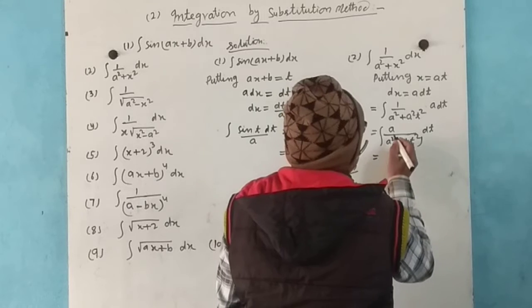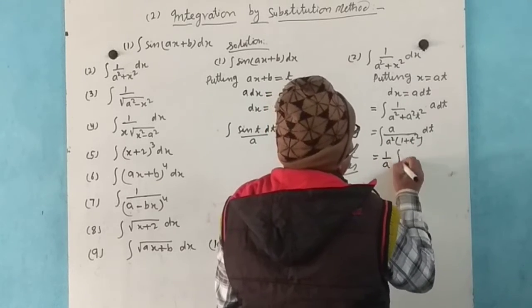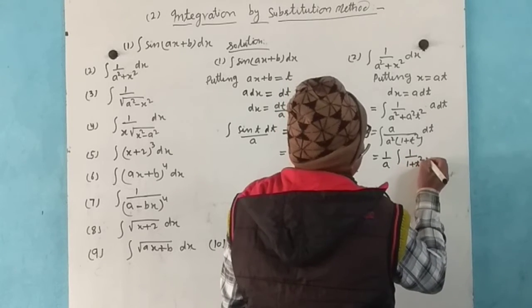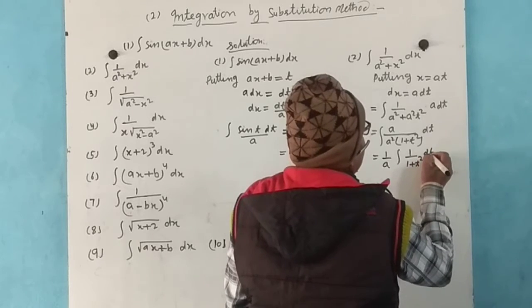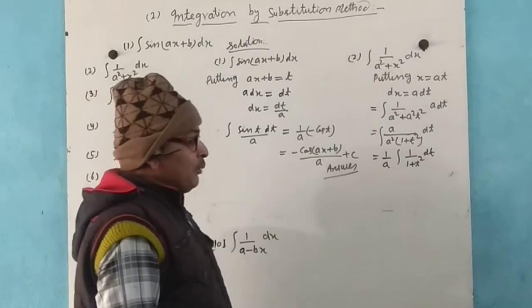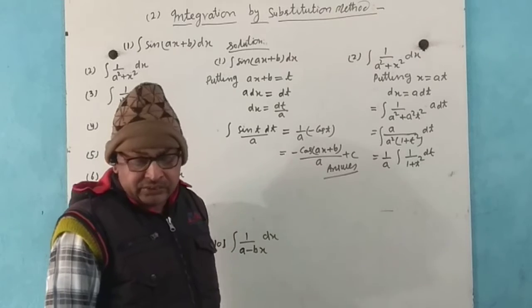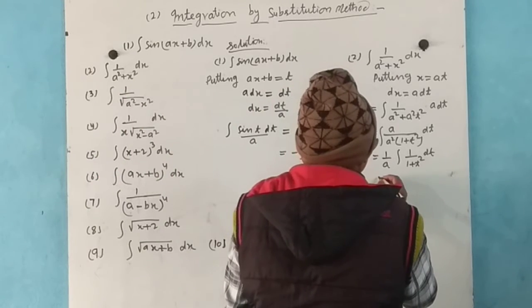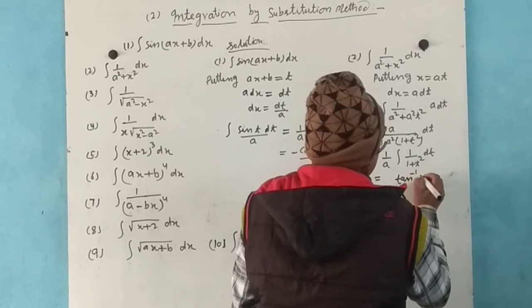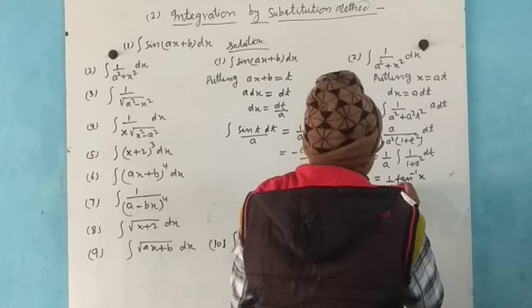Now a square, a is cancelled, leaving 1 by a, integration of 1 by 1 plus t square dt. As we know, the integration of 1 by 1 plus x square dx equals tan inverse x, so this is equal to 1 by a tan inverse t.